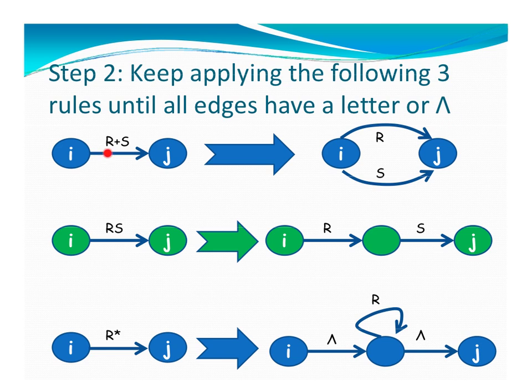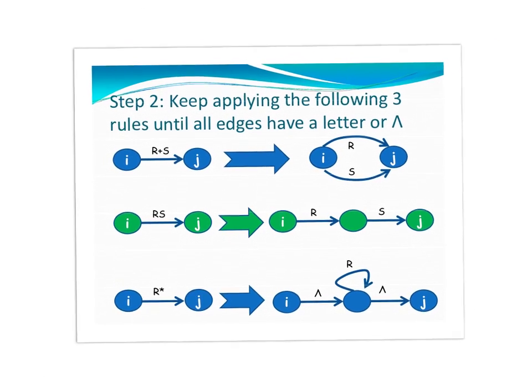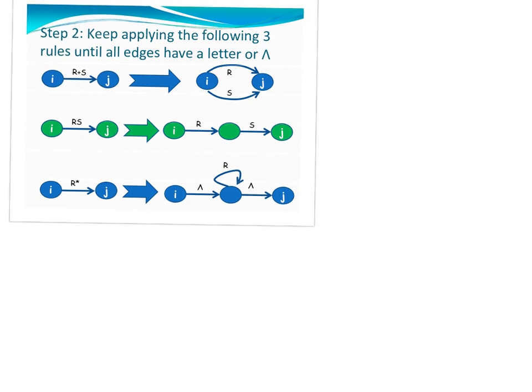So for example, if this is what my regular expression looks like, so it's the sum of two different regular expressions, this rule says I turn an arrow that looks like that into two arrows. Okay? So I'm just going to shrink this page a little bit so I can write.